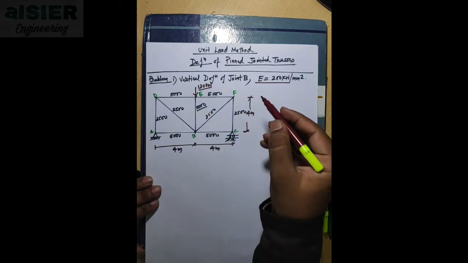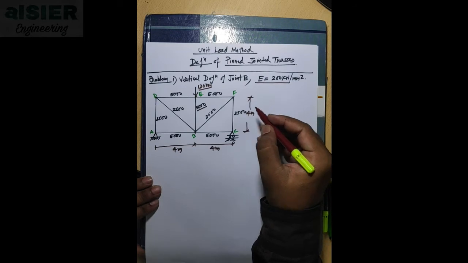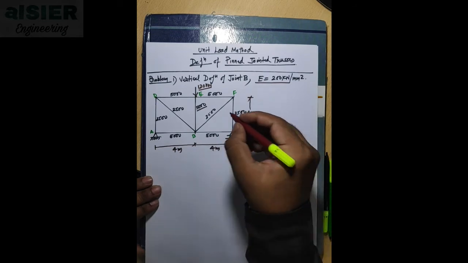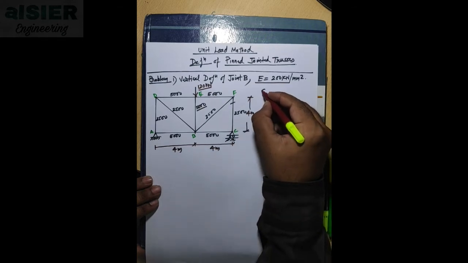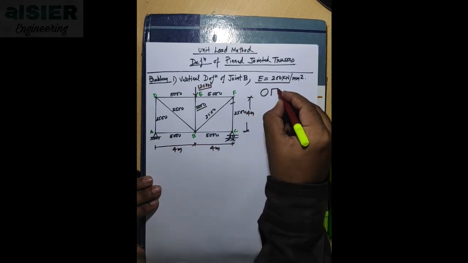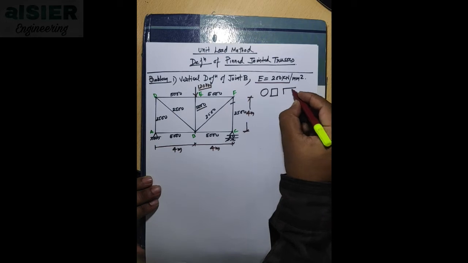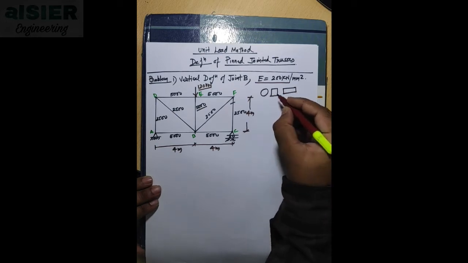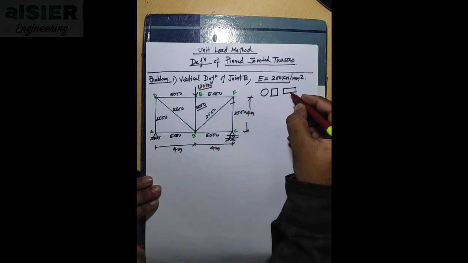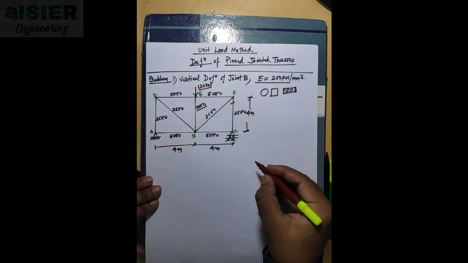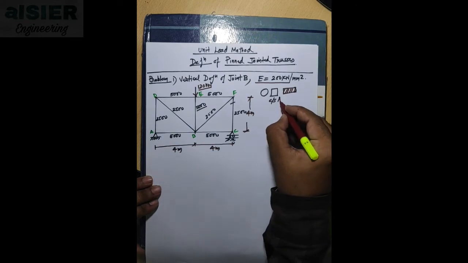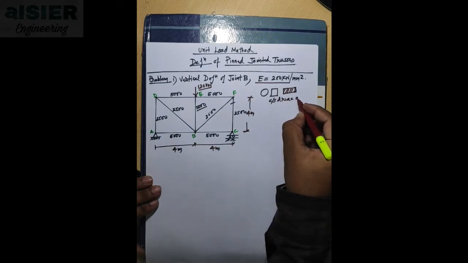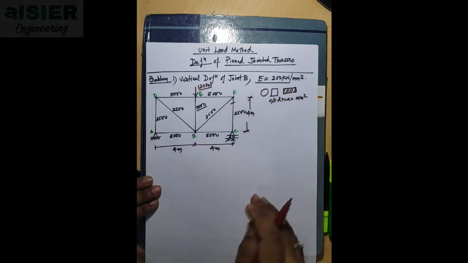Okay, now what is this cross-sectional area? For example, if I take a section here, this member can be a circular member, it can be a square member, it can be a rectangular member, or it can be a hollow circular, hollow square or hollow rectangular. Now the area of this cross section is nothing but the cross-sectional area, which is given in mm square.